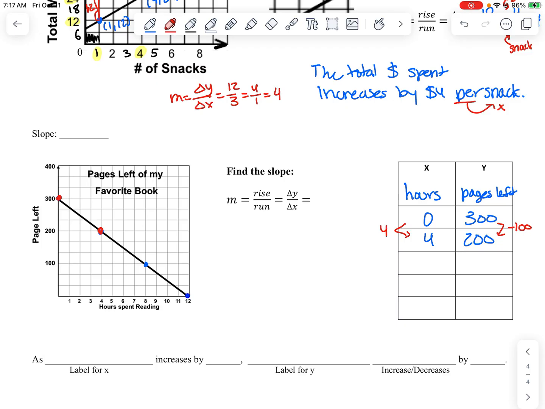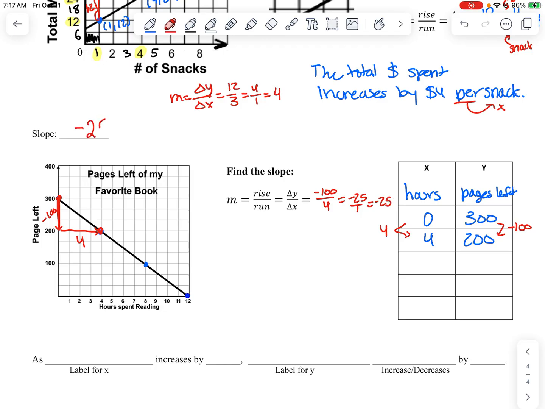And that would happen over and over again. Decreased by 100 when I read for 4 hours, until I finished the book. Or you could even mark it on the graph here. This went down 100 and then up 4 hours. In either case, or if we had negative 300 over 12, we'd still get to negative 25 over 1, or negative 25.